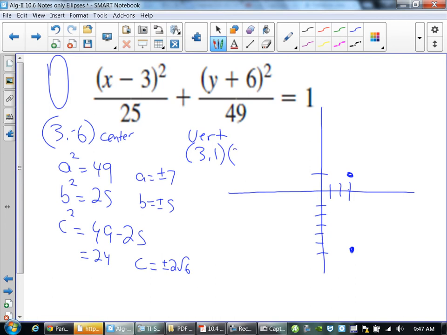The other one would be at 3 and, well, what's negative 6 minus 7? Negative 13, very good. What we're doing here, guys, is adding and subtracting 7 to the y value, because it's got to go up and down. We add and subtract to the x value to move it left and right. So the other one would be down here.